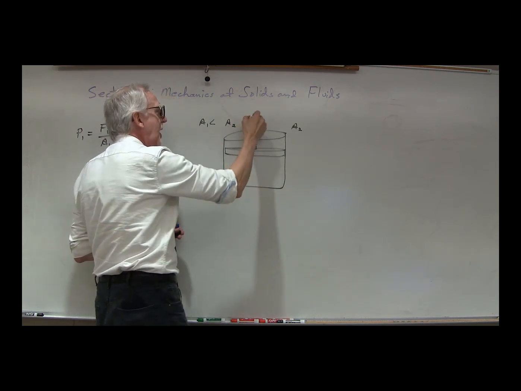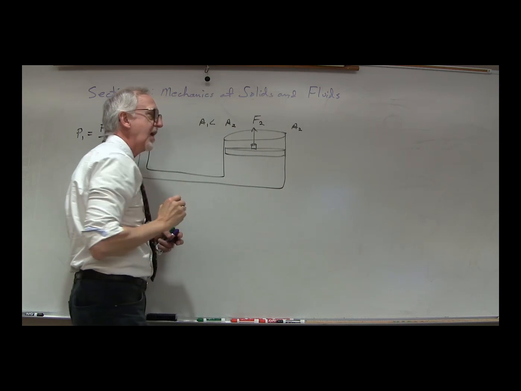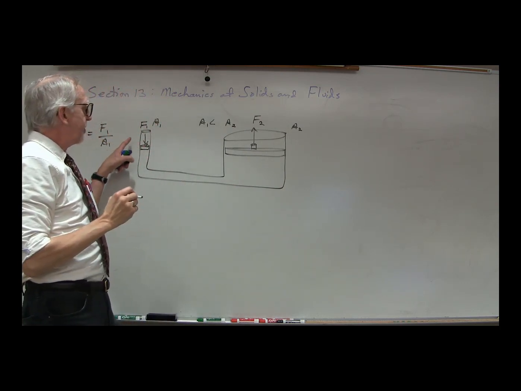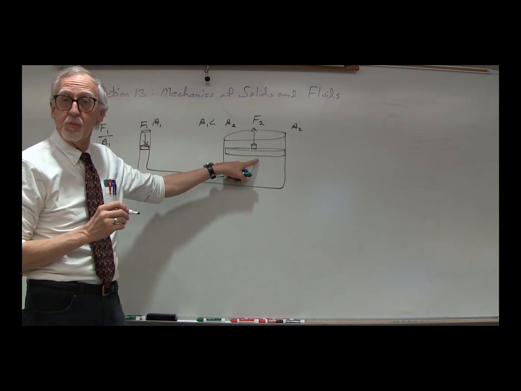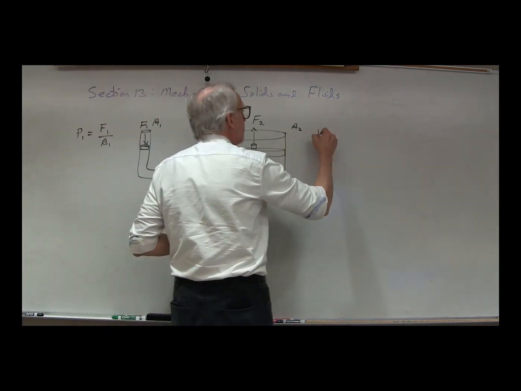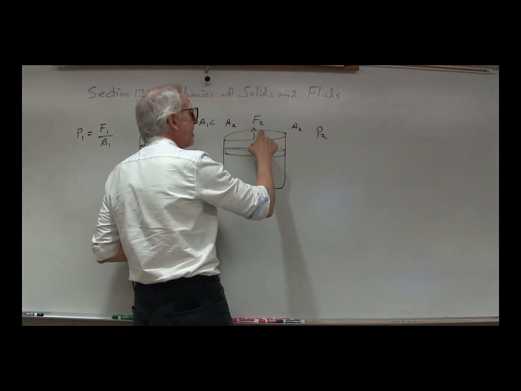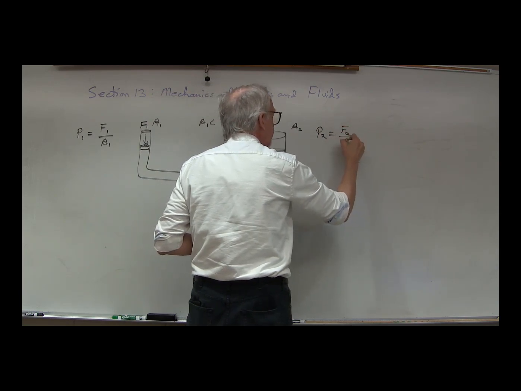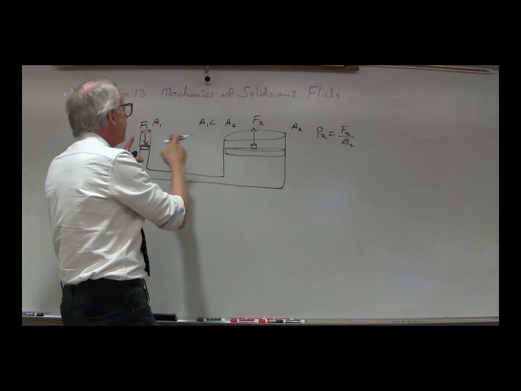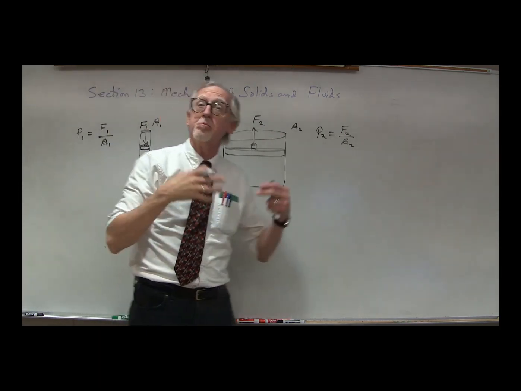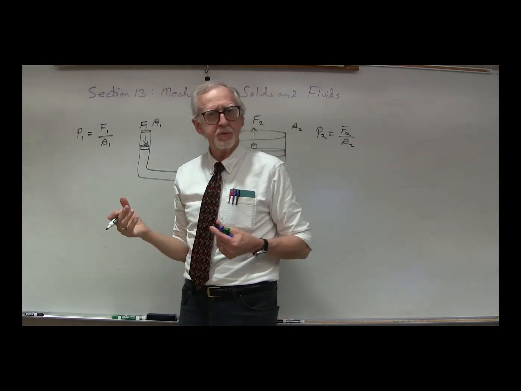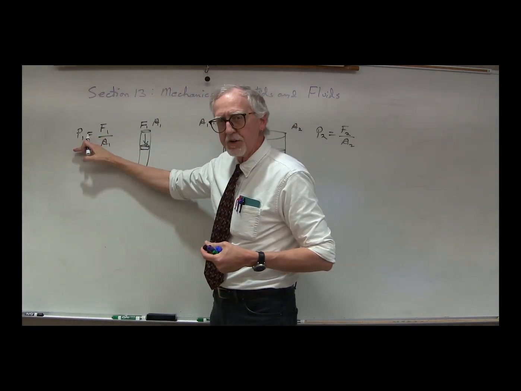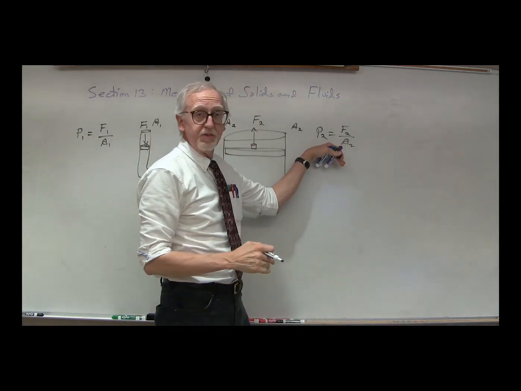This is going to push up with a force, we'll call it F2, but the pressure over here has to be the same as the pressure over here. So P2 over here, which is going to be the force per area, F2 over A2, these two pressures have to be the same. That's what Pascal's principle is telling us, that the increase in pressure over here has to be equal to the increase in pressure over here.